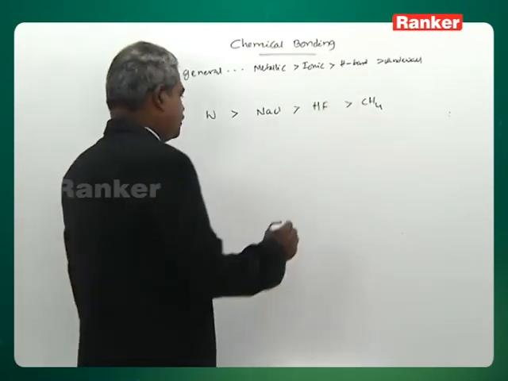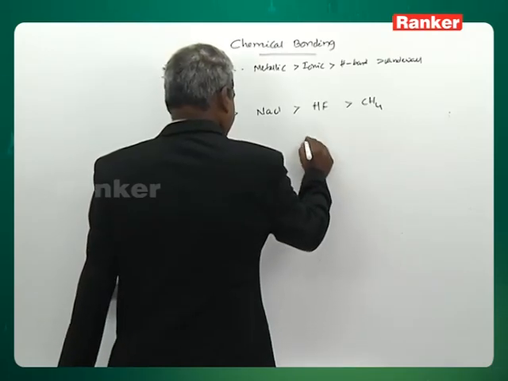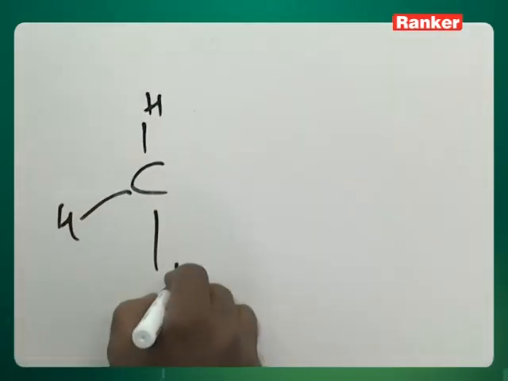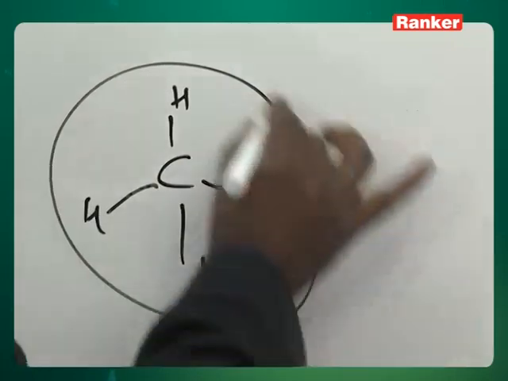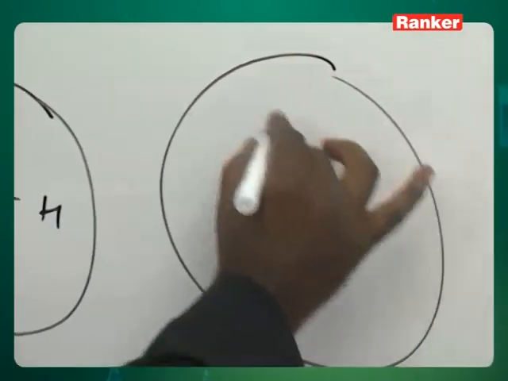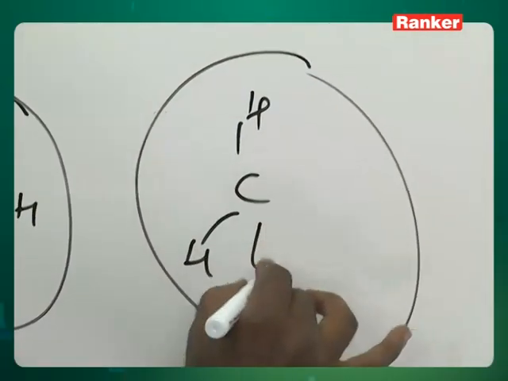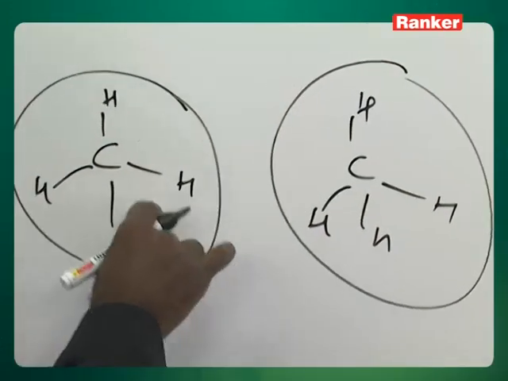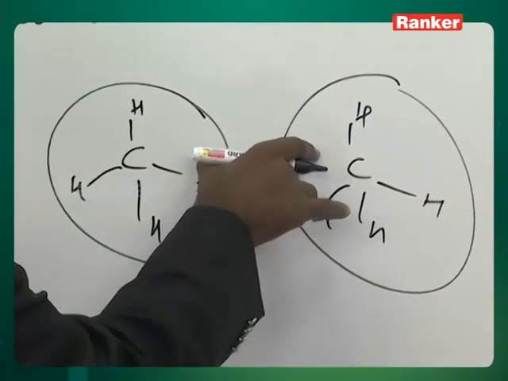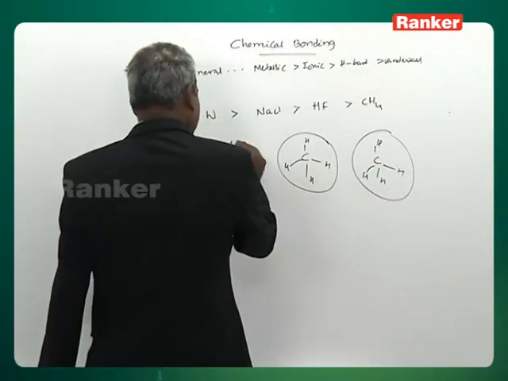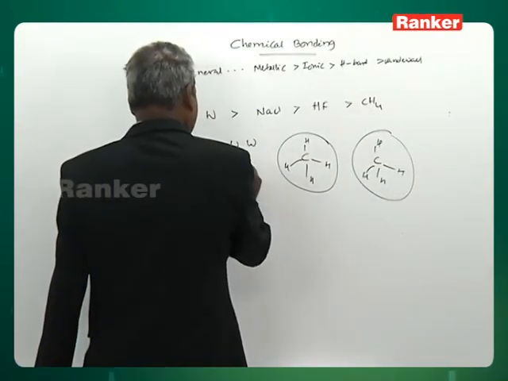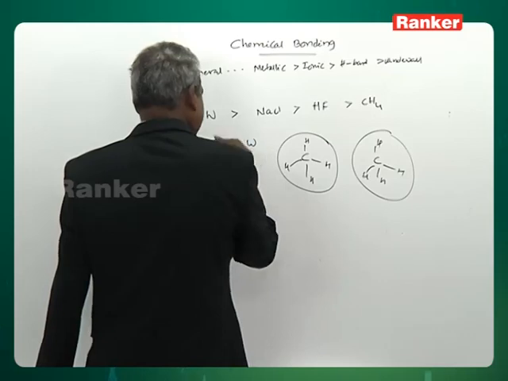In methane, between 2 molecules of methane, what force exists? A methane and another methane, what is the force existing here? If they are tungsten atoms, the attraction will be metallic. Between NaCl and NaCl, it is ionic.